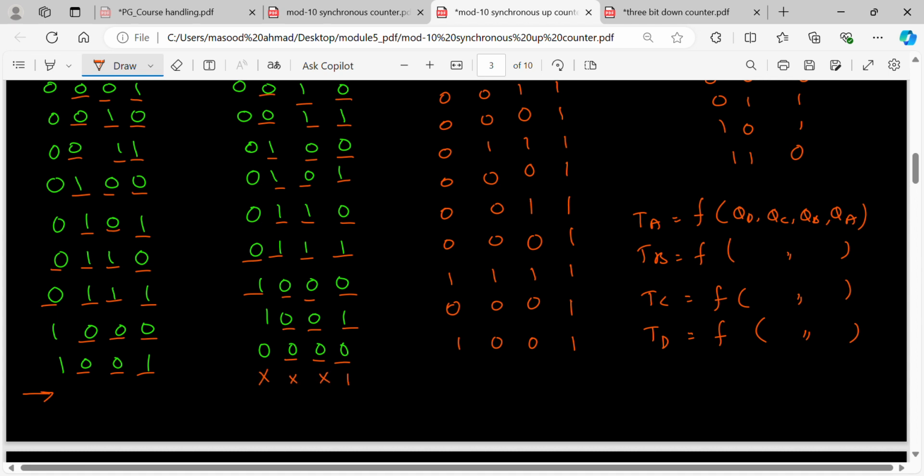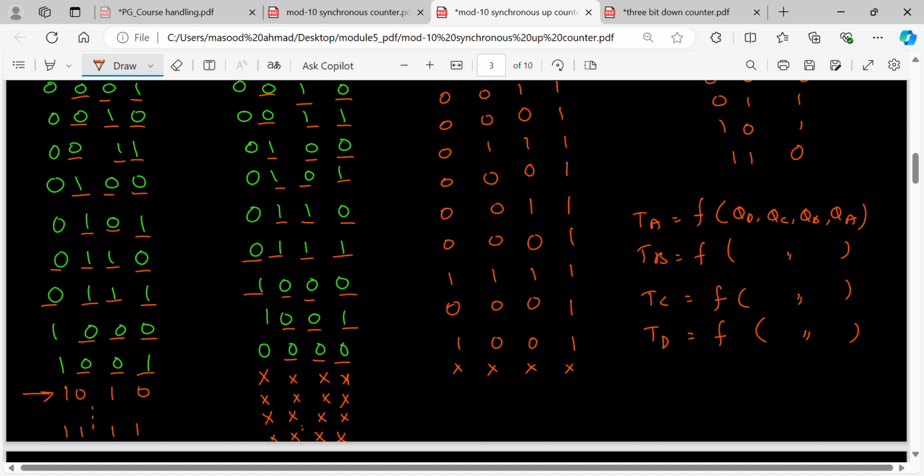So what is the next value to 1001? This is 1010 till 1111. These are all don't cares. Because once it is next, it is don't care, obviously.